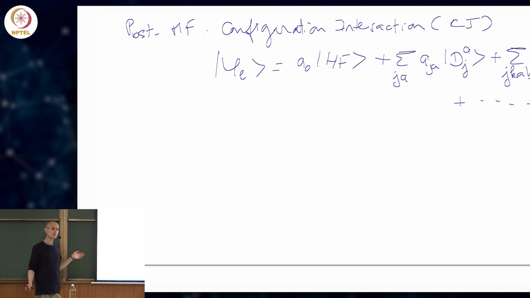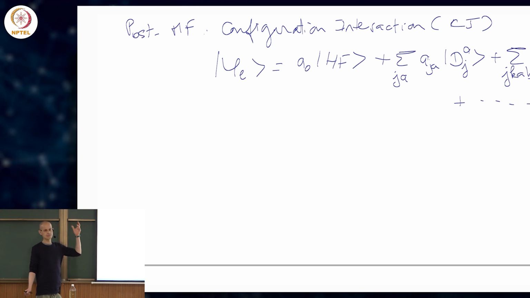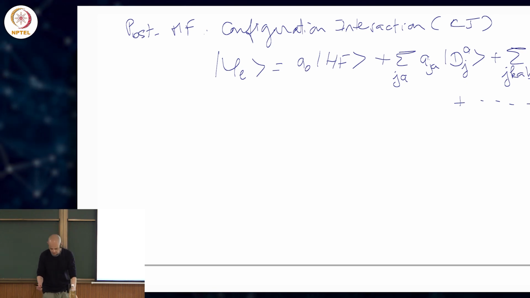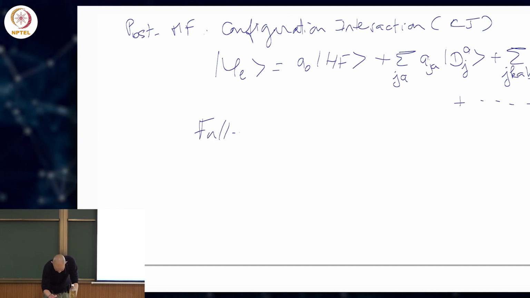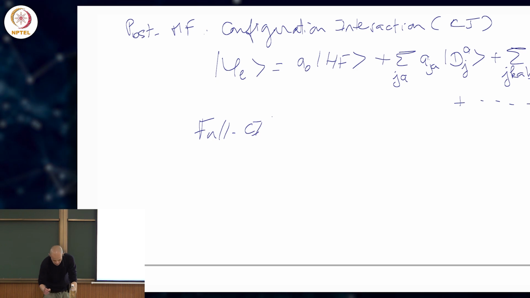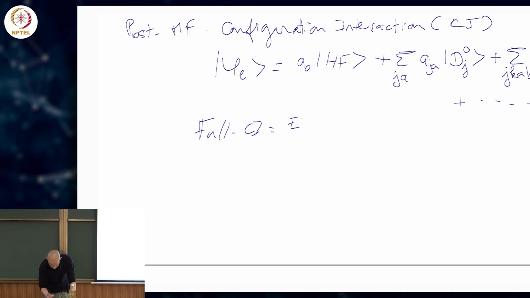If you include all possible excitations, so for example, let's say you have 10 electrons, and you take all these 10 electrons and put them in the virtual orbitals, this is what we call full CI. And if your basis set is large enough, you basically get the exact energy.